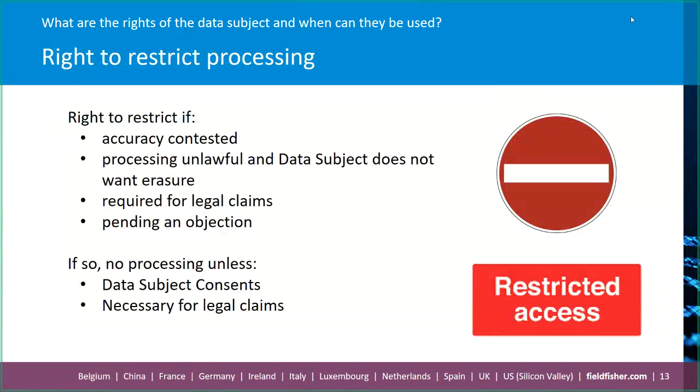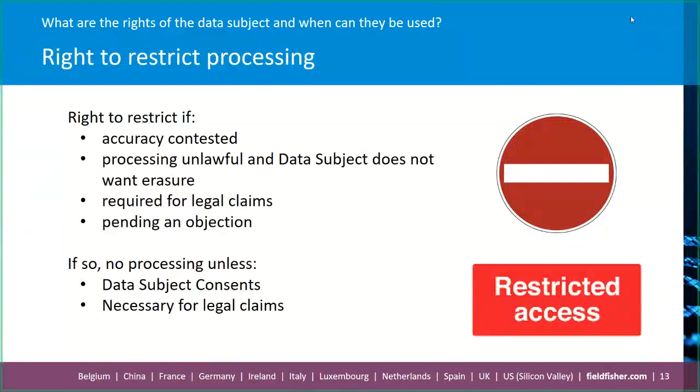So thinking back to that slide in part 1 and all the different elements of what data processing is, if you object to any one of those elements, you could request that your data is restricted whilst that objection is going on. Again, thinking balancing test as well, and also different restrictions.